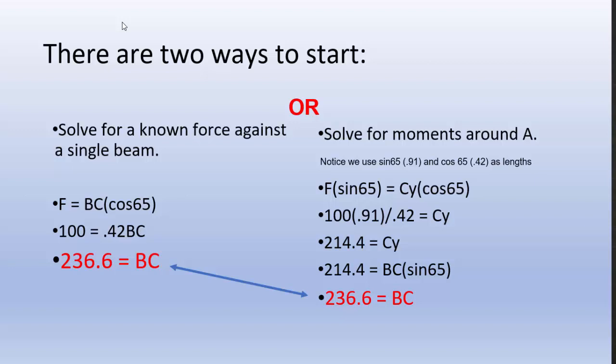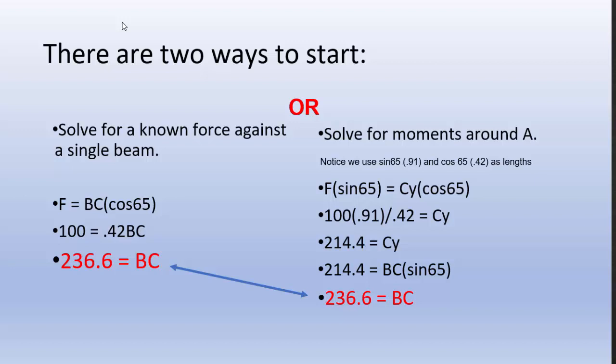Or I could solve for the moments around A, meaning that at A the structure is trying to go clockwise and it's being pushed up counterclockwise by C of y. So then I can say, well, the force times sine 65 equals C of y times cosine 65. Notice I'm using the sine and the cosine as a length.